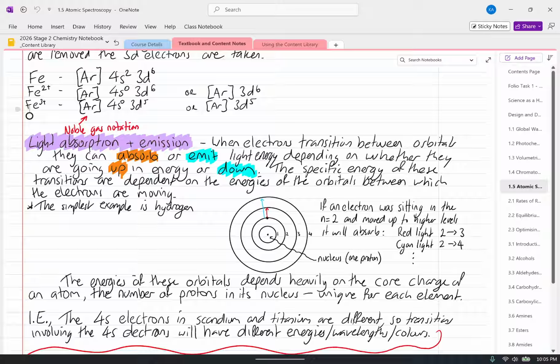So if I were to show here, you've got this little electron here, it's sitting in energy level 2. It could absorb red light, so a lower energy light, to get to level 3, or it could absorb a bit more, a bluer color, and go up to a further level.